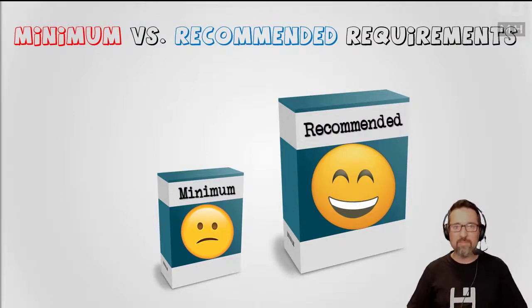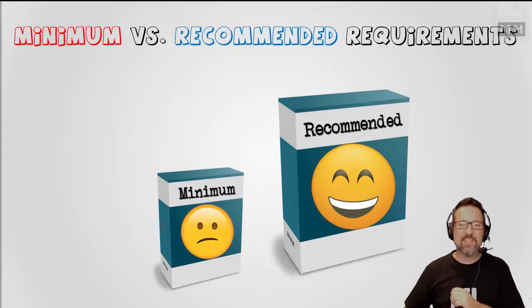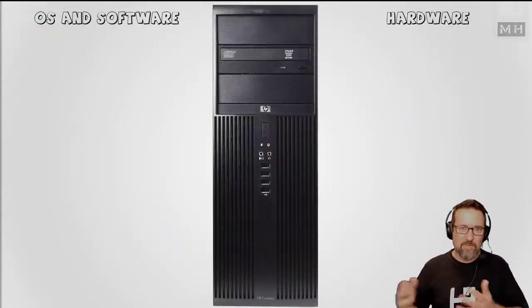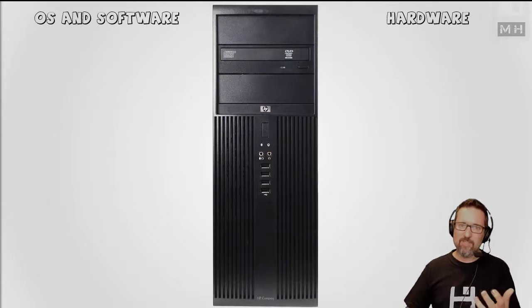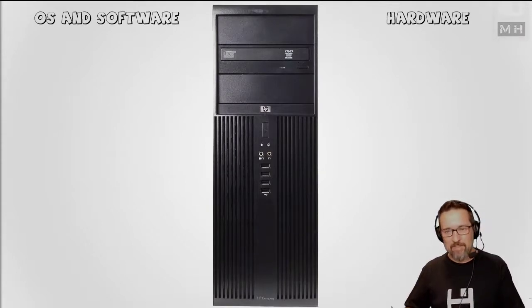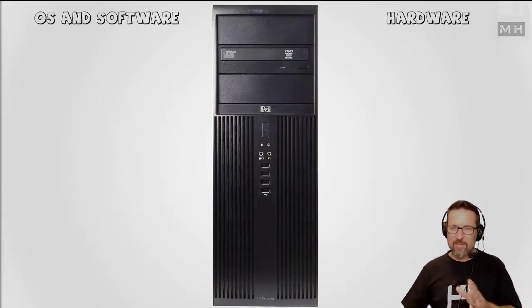Because most software developers will have minimum requirements, but then they will also have recommended requirements. Let's see what the difference is. So if we have a look in terms of a computer system, we've got the operating system and the software, and of course then we also have the hardware that's involved. So we're looking at this from all aspects, software and hardware. So stay with me here, guys.